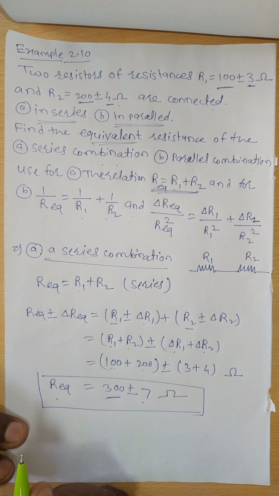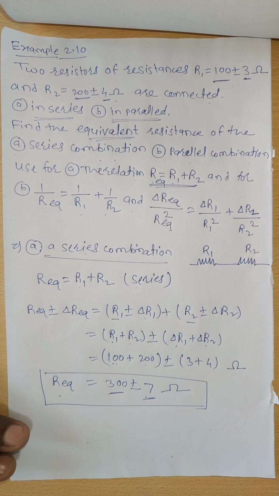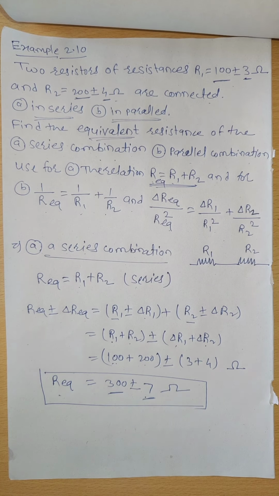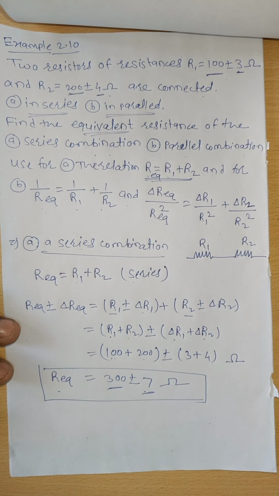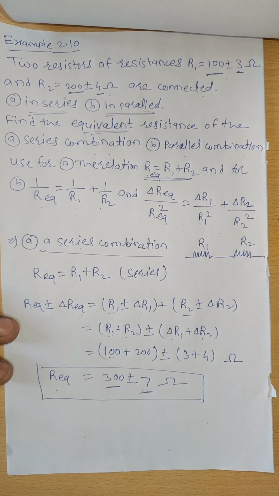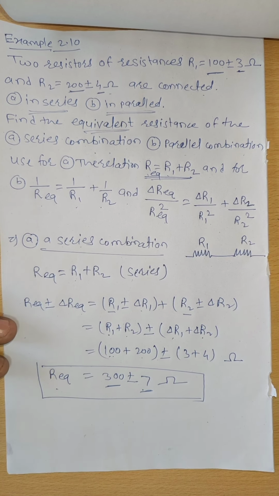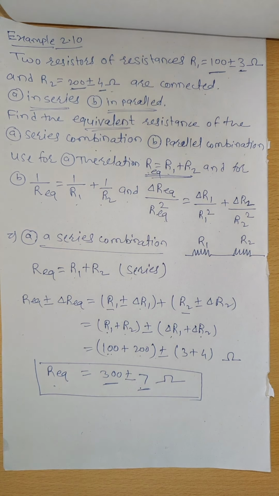Now this 300 is the true value and that 7 ohms is the error occurring while measuring the two resistors connected in series. Now this 7 is the error occurring while measuring the equivalent resistance in series combination.